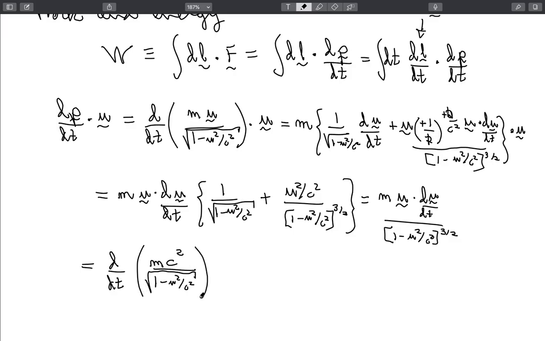And this is just the time derivative of the energy that we've defined, the relativistic energy. Okay? So that's a relatively straightforward derivation to show that indeed the work is related to the time rate of change of the energy, right?